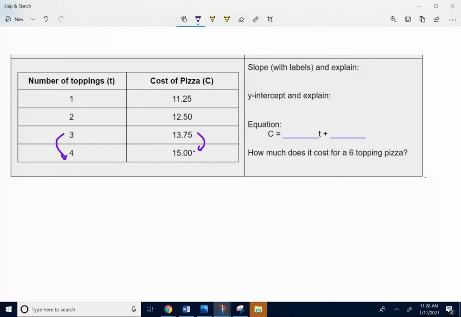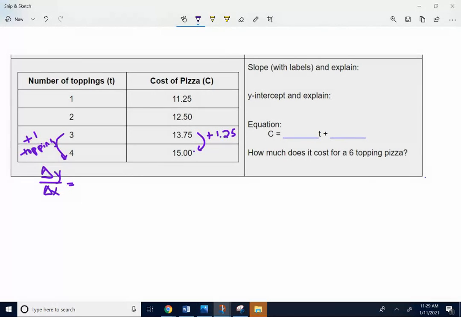To get from 13.75 to 15, we added $1.25. That's the change in y. The change in x, to get from 3 to 4, we're adding 1 topping, because that's a change in x.